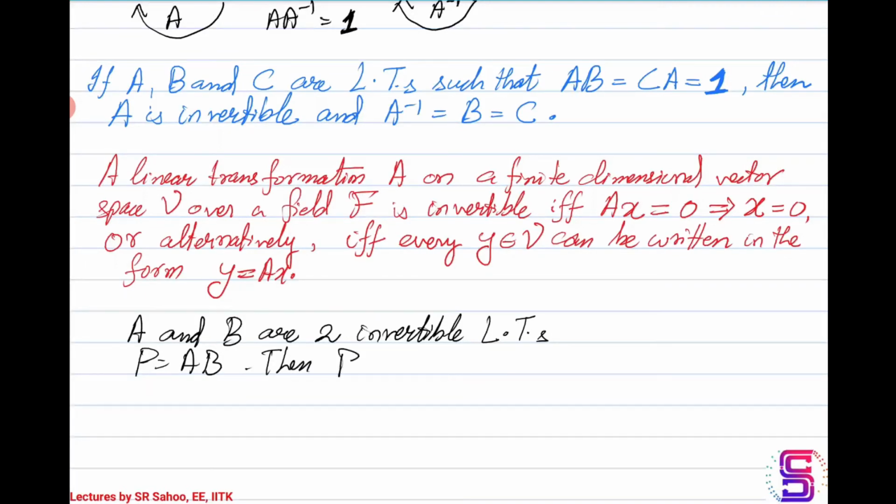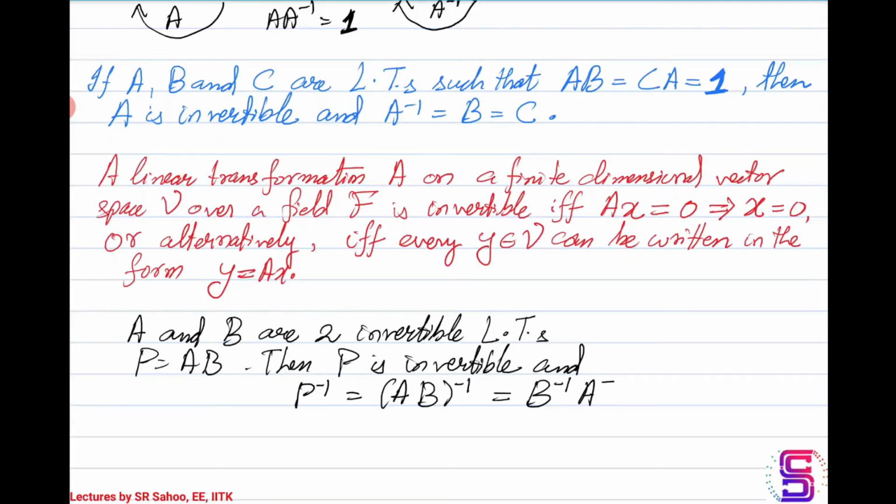Then P is invertible. So the product of two invertible linear transformations is always invertible, and P inverse is nothing but AB inverse, which is defined as the product of B inverse and A inverse.